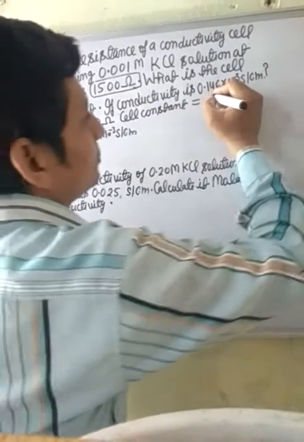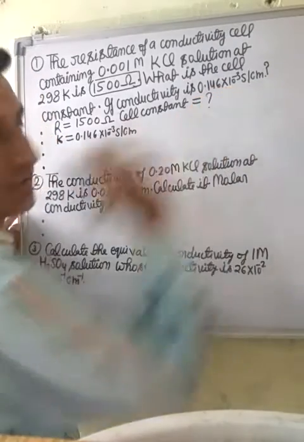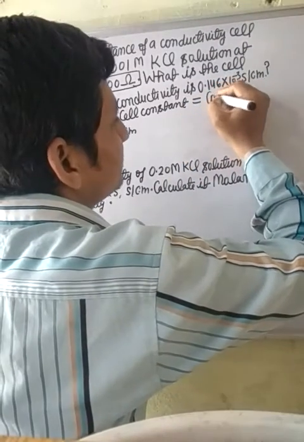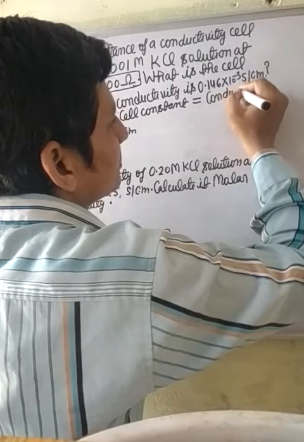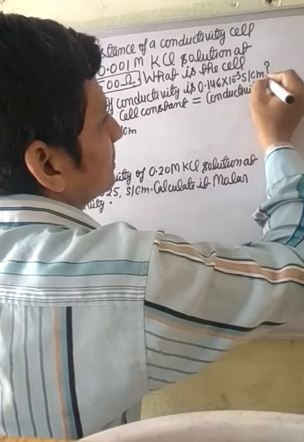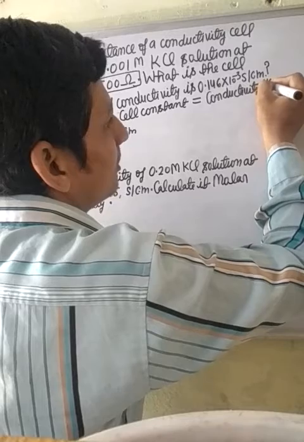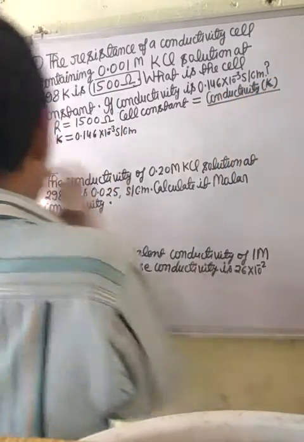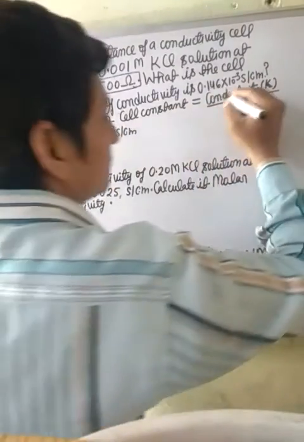Cell constant is equal to kappa upon conductance.